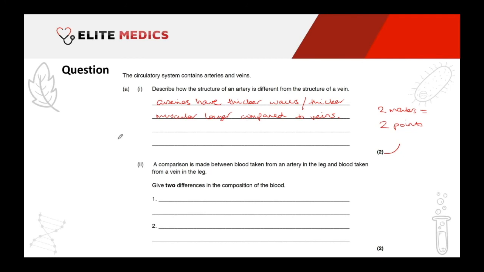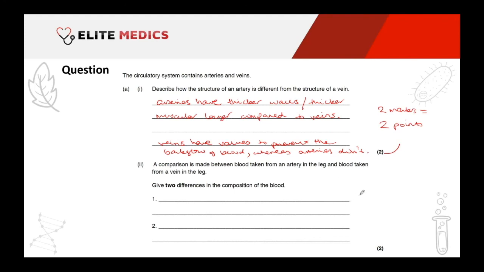So veins have valves to prevent the backflow of blood, whereas arteries don't. Okay, so 2 marks. We've made 2 points, so I think don't waste any more time. Let's move on. Okay, so the next question.